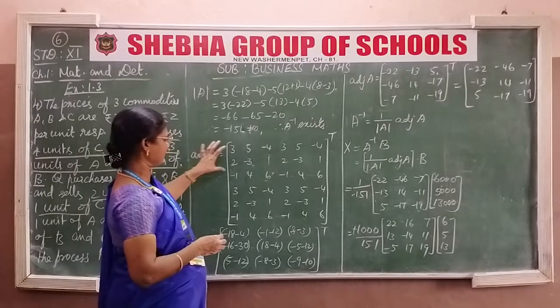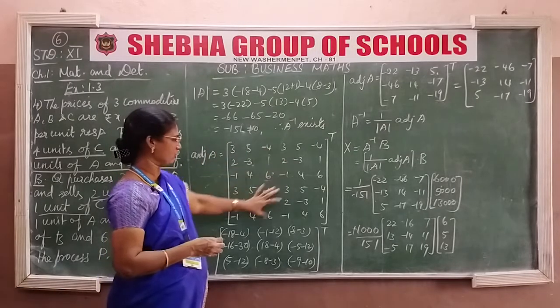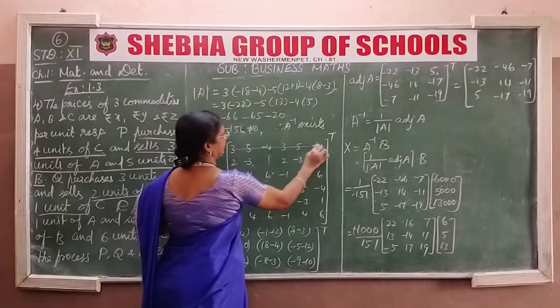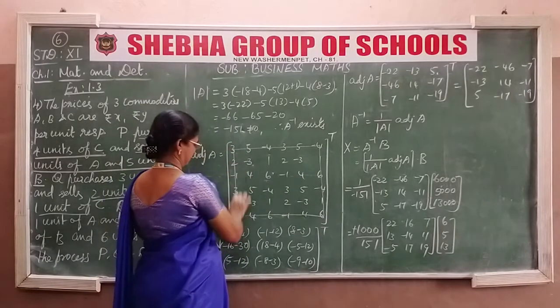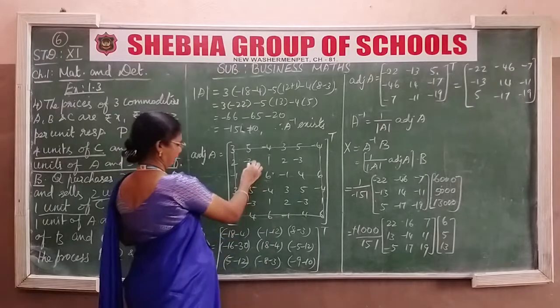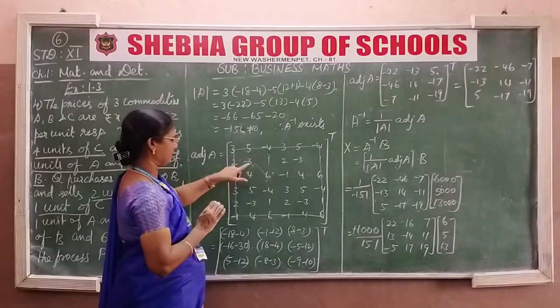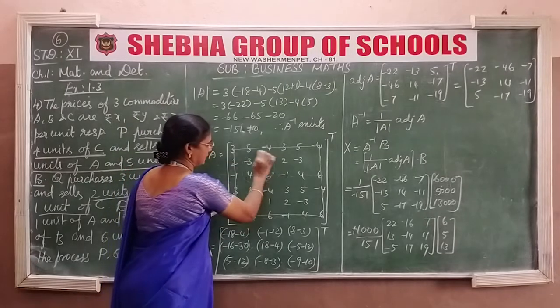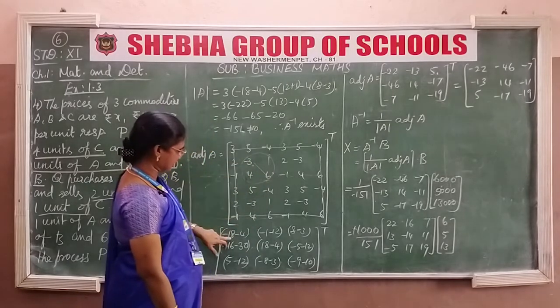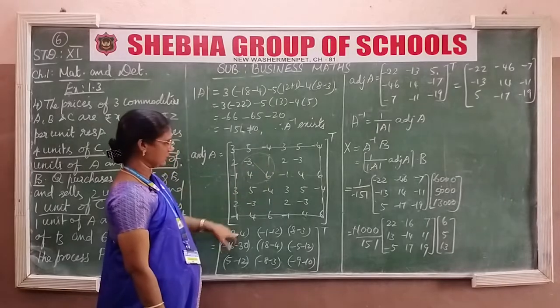For the adjoint of A, first write the A matrix 4 times like this, negate the corner element, and then find the minors of the elements. Taking only the 4 elements, we get 6 into minus 3 minus 18 minus 4 and so on.